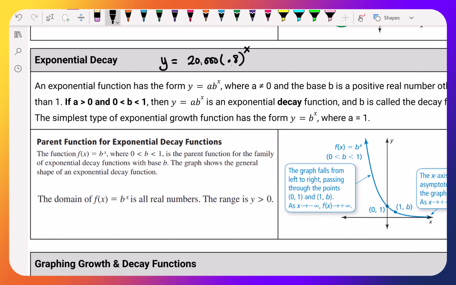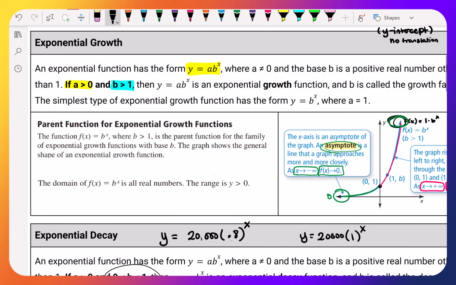Now he's not losing 80%, he's losing 20%. So if it kept the same amount every year, you would just multiply by 1. Exponential equations cannot have a base of 1. And it actually says this in the definition here. So it has to either be between 0 and 1, or it has to be greater than 1.